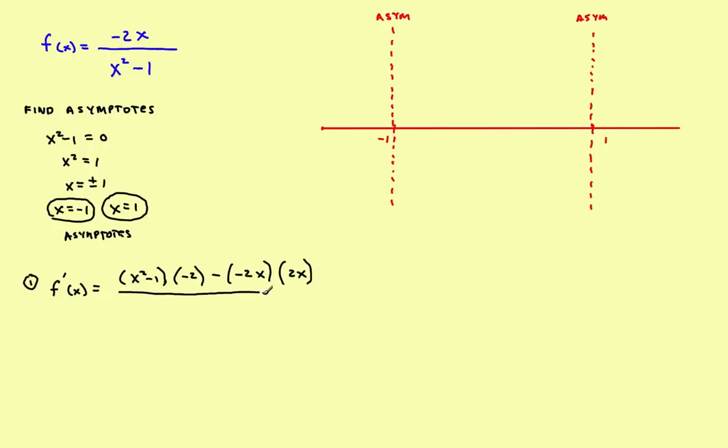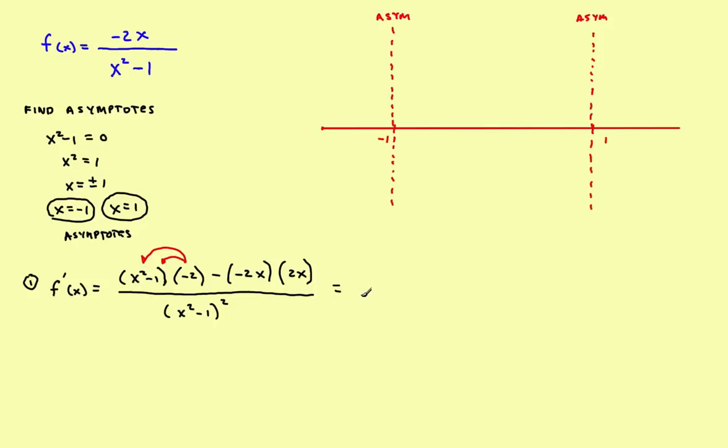So it's this entire thing divided by the denominator squared. Now, you can go ahead and simplify that. So what we'll do is we'll distribute this times this, and this times this, and then put all these together.